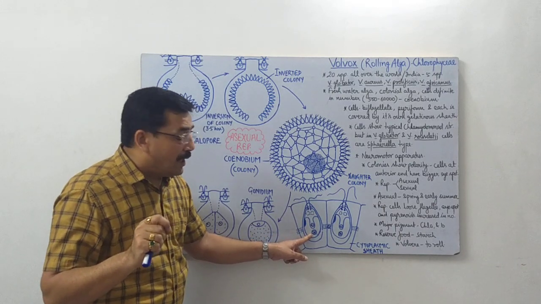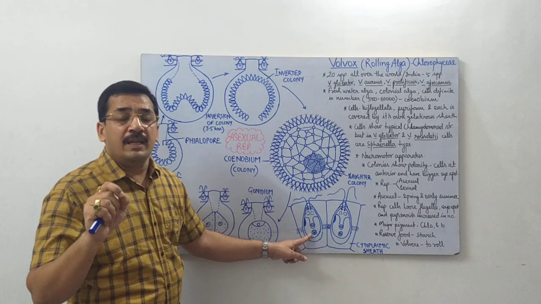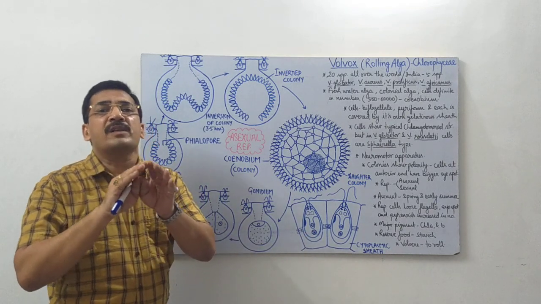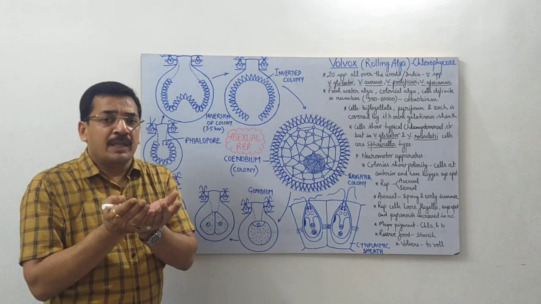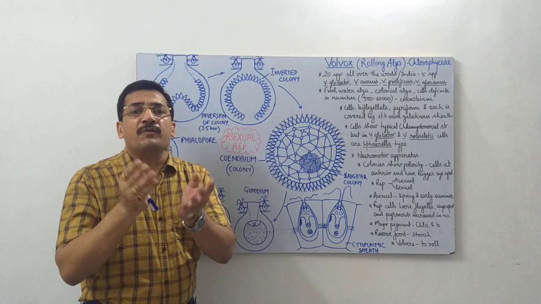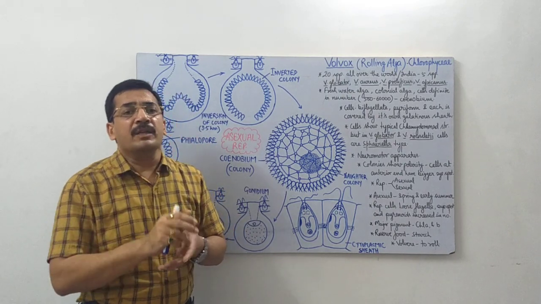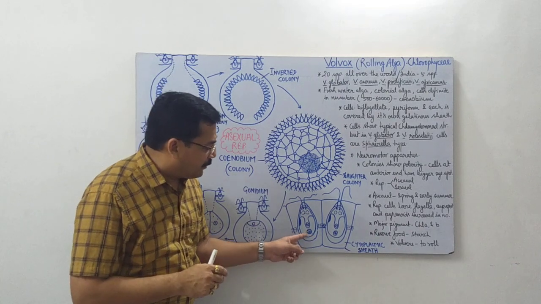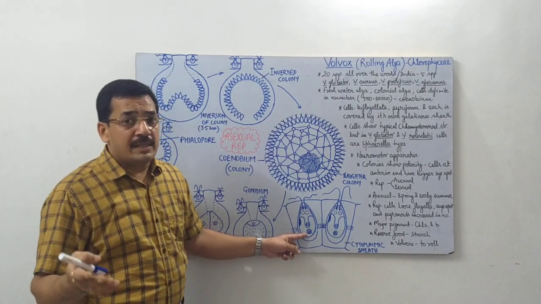There are one or two pyrenoids present in the cell. These pyrenoids function as a storage organ of food. The central core of the pyrenoid is made of protein, while it is surrounded by starch granules. So it functions as the storage organ of the cell.